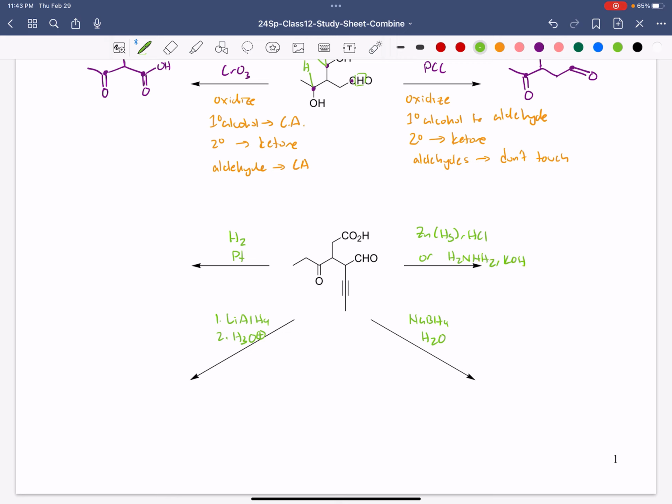Okay. You have now reduction. You are reducing possibly this carbon, possibly the carbons of the multiple carbon-carbon bond, this carbon of the carboxylic acid, this carbon of the aldehyde.